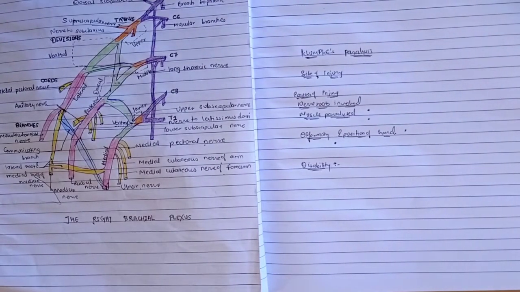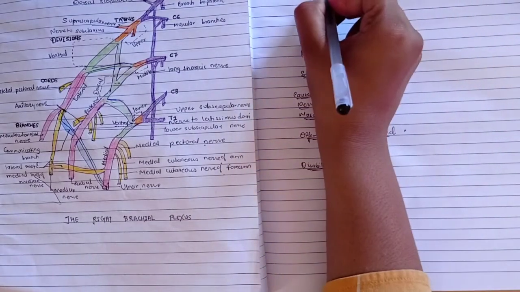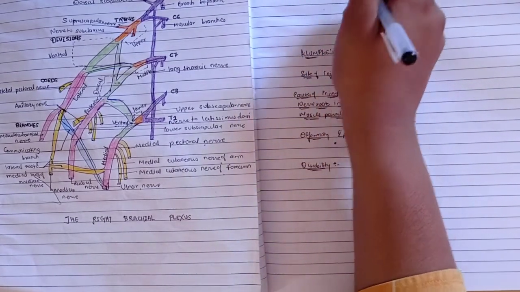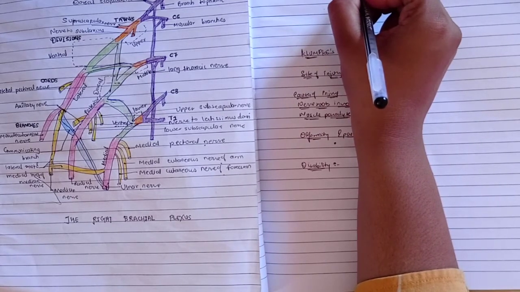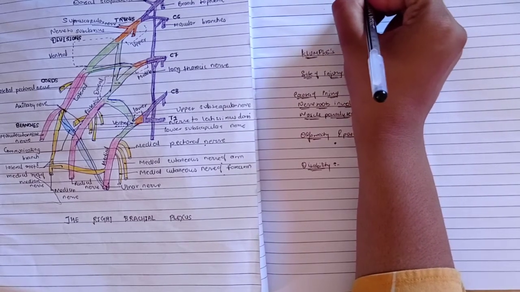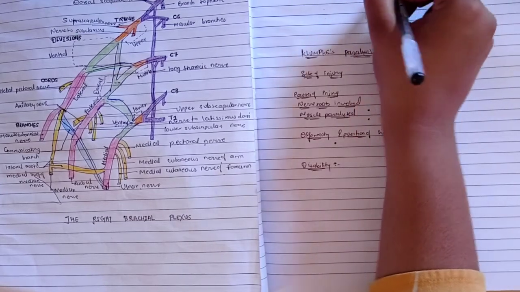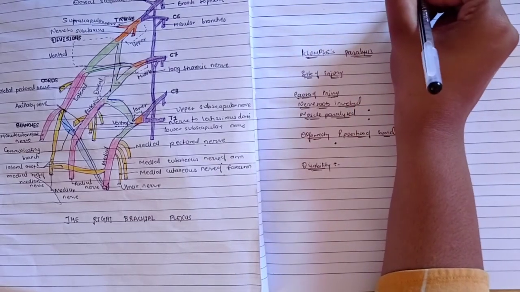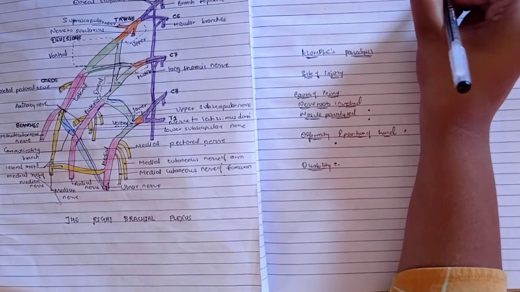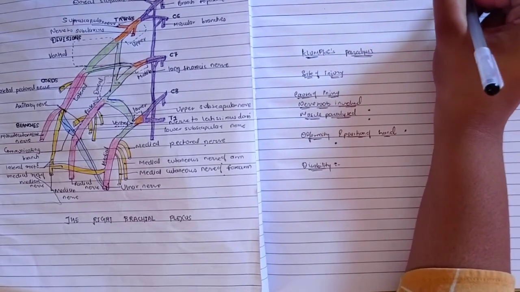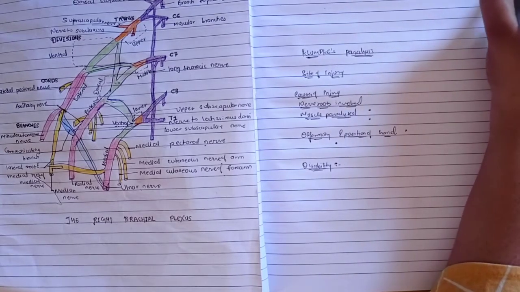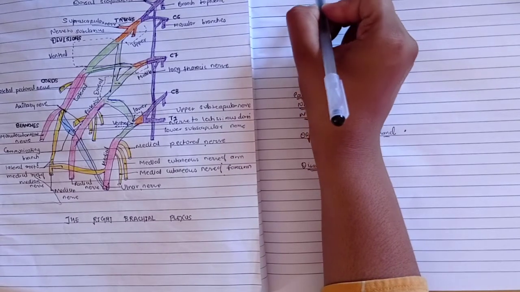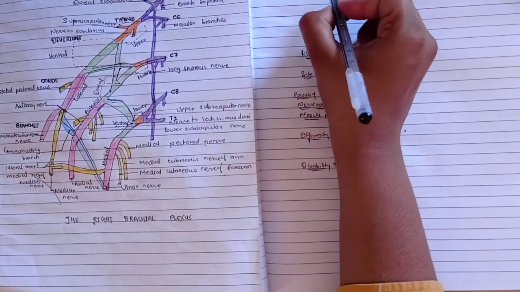Then disability. The following movements are lost. First is abduction and lateral rotation of the arm at shoulder joint. Second, flexion and supination of the forearm.